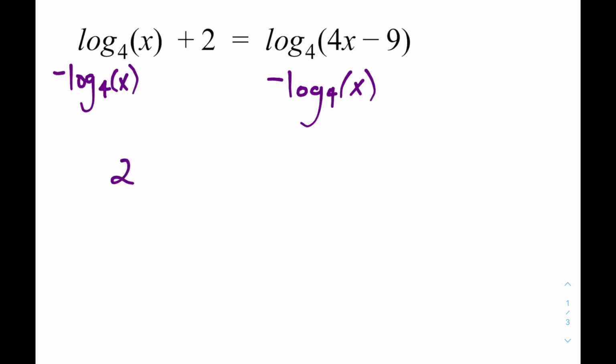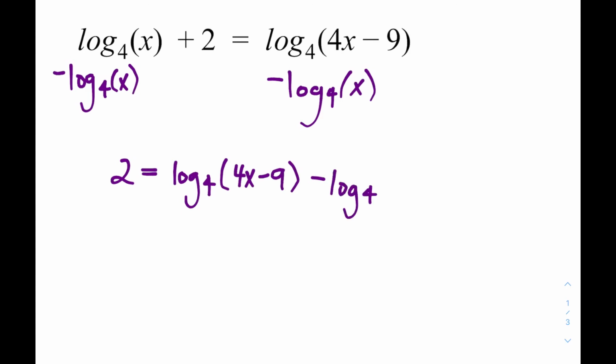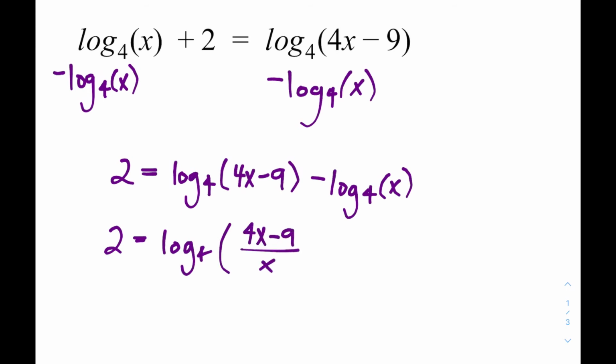I'll be left with 2 equals log base 4 of 4x minus 9 minus log base 4 of x. Okay, now I can do my condensing. Subtraction condenses to division. So this becomes log base 4 of (4x minus 9) over x.